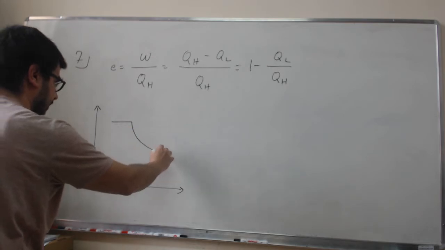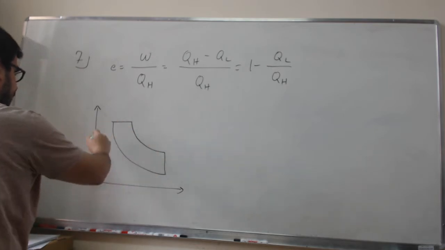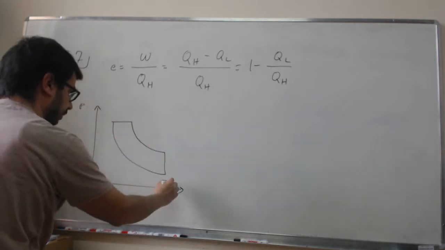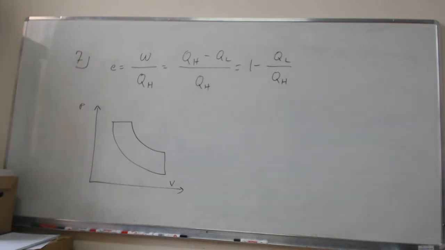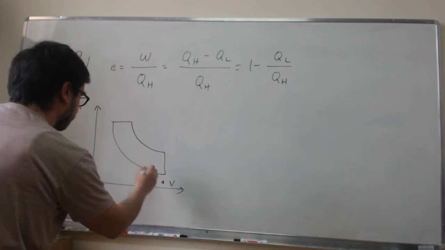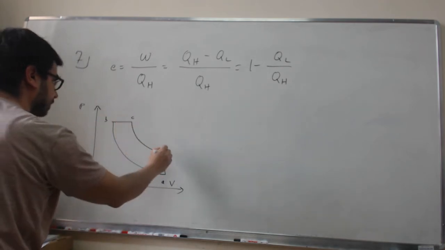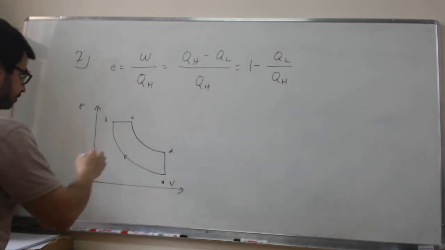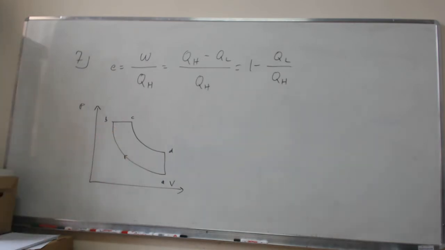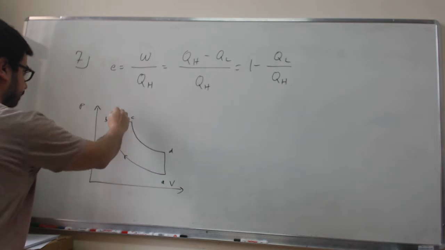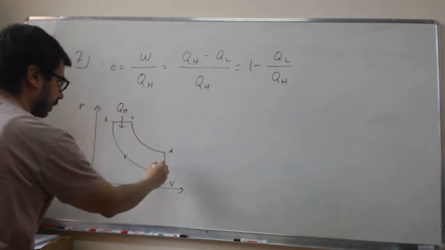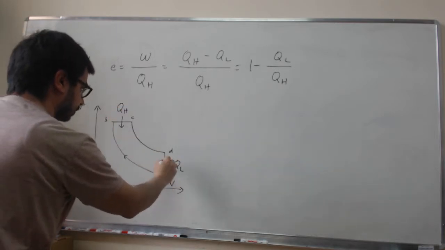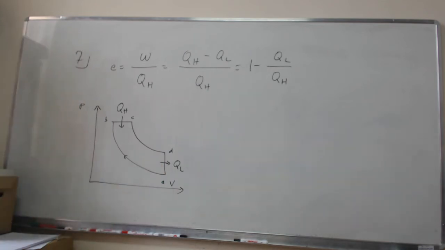This is the PV diagram. These are adiabatic, so P and V. Let's see, this is A, B, C, D, and we're going this way. There's going to be some heat input coming in here and some heat output to the lower temperature reservoir.